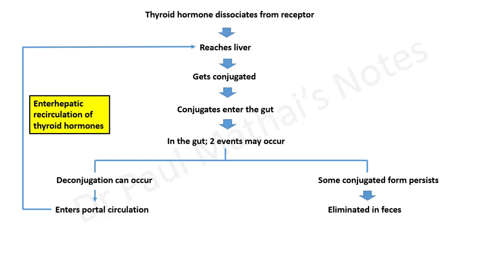During this process, some amount of thyroid hormones can escape enterohepatic recirculation and can enter systemic circulation again and go on to stimulate thyroid receptors in various parts of the body.